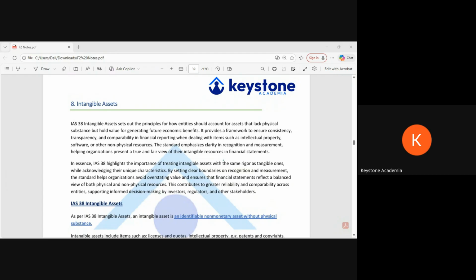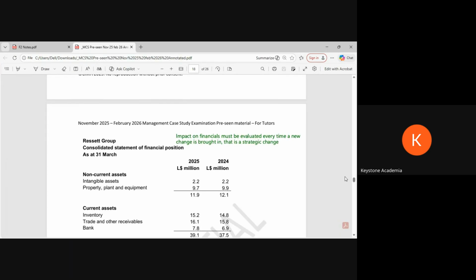And why do you want to value? First is for buying and selling, and secondly, it's also to give information to our shareholders. Like if you see in our pre-seen also, they have given our intangibles, right? How much was it? Let's go back to that.